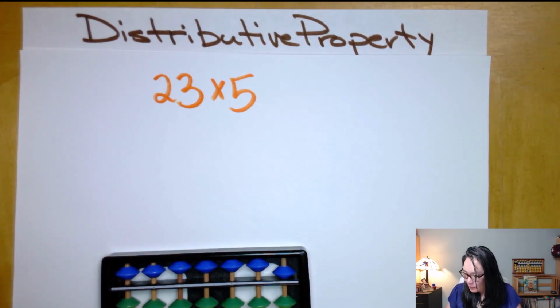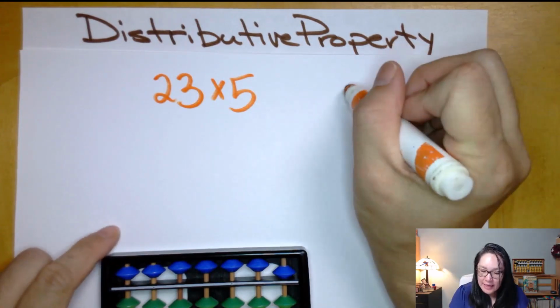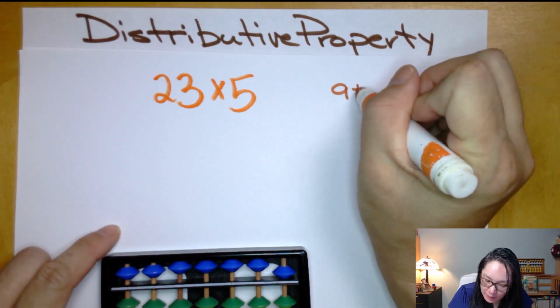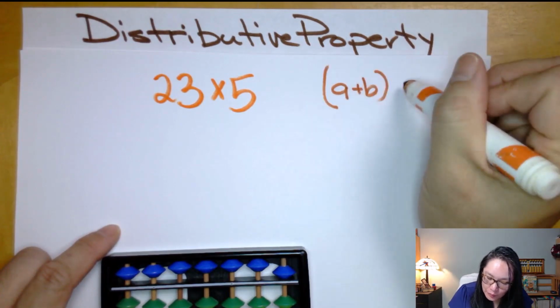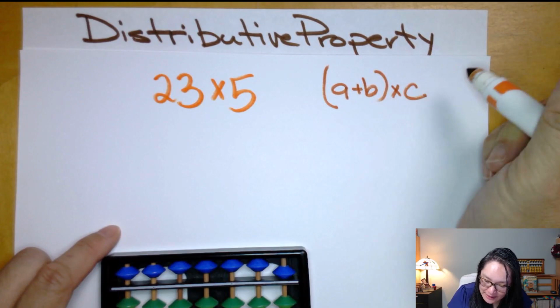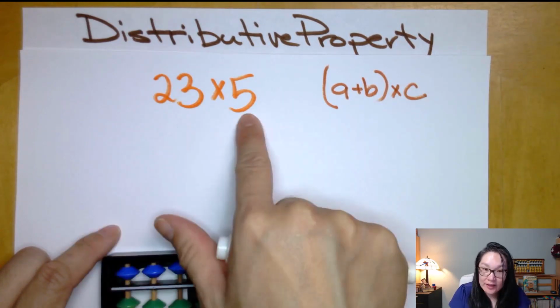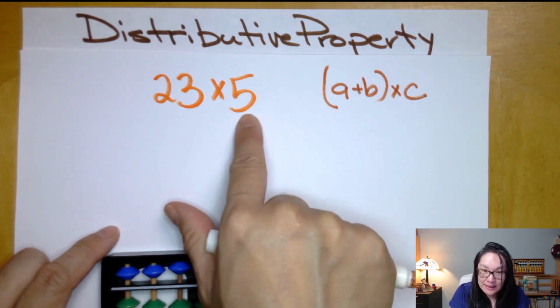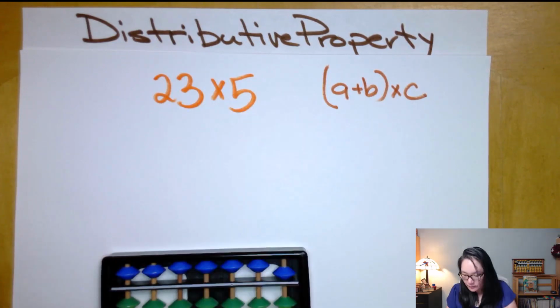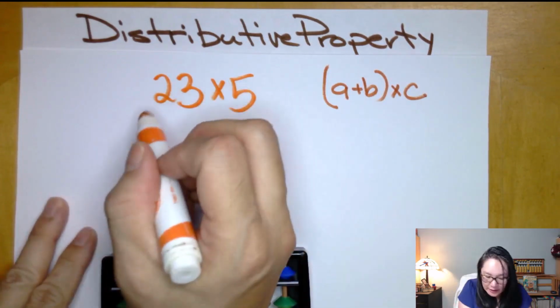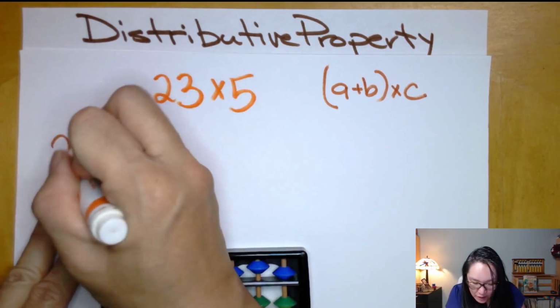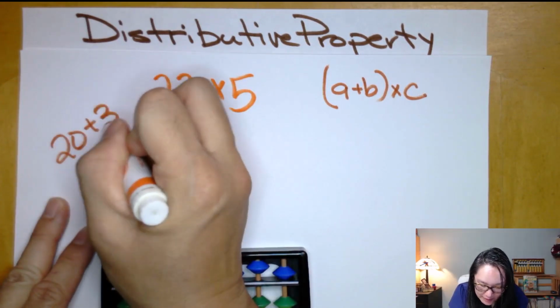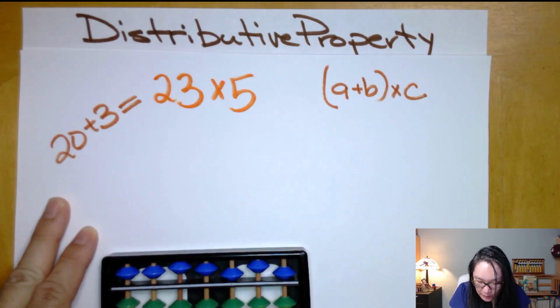Now remember, our distributive property is A plus B and then times that by C. Notice how it's very similar: A, B, times that by C. So this is my C. If I redo it, don't forget, 20 plus 3 is equal to 23, right?